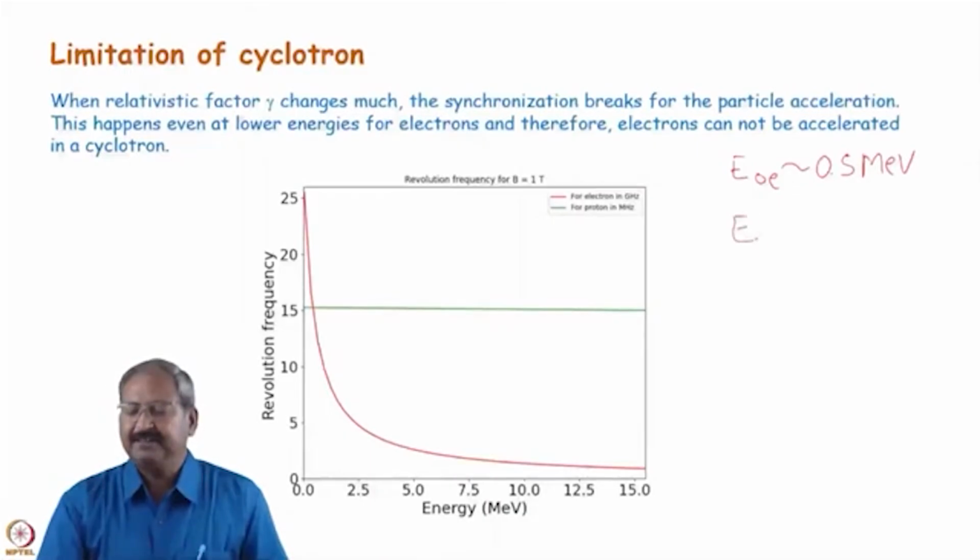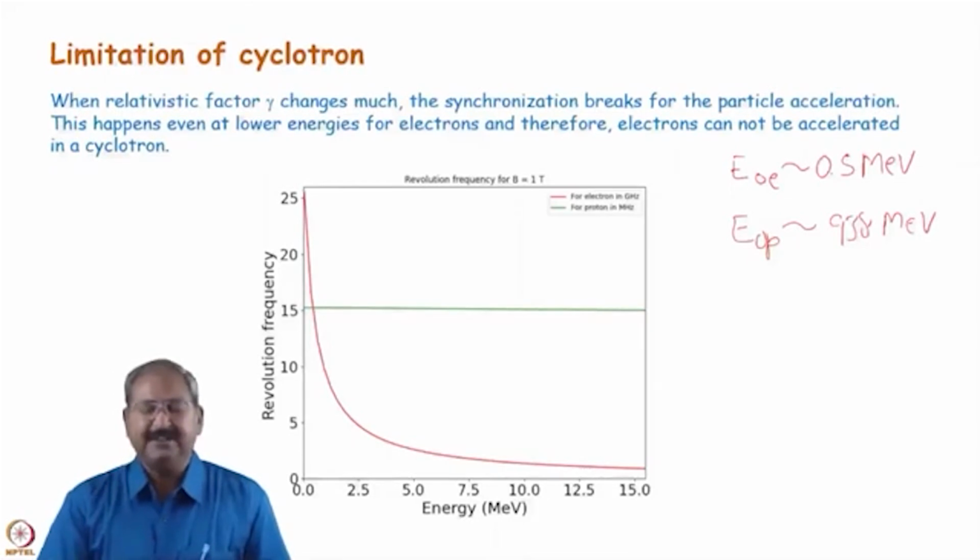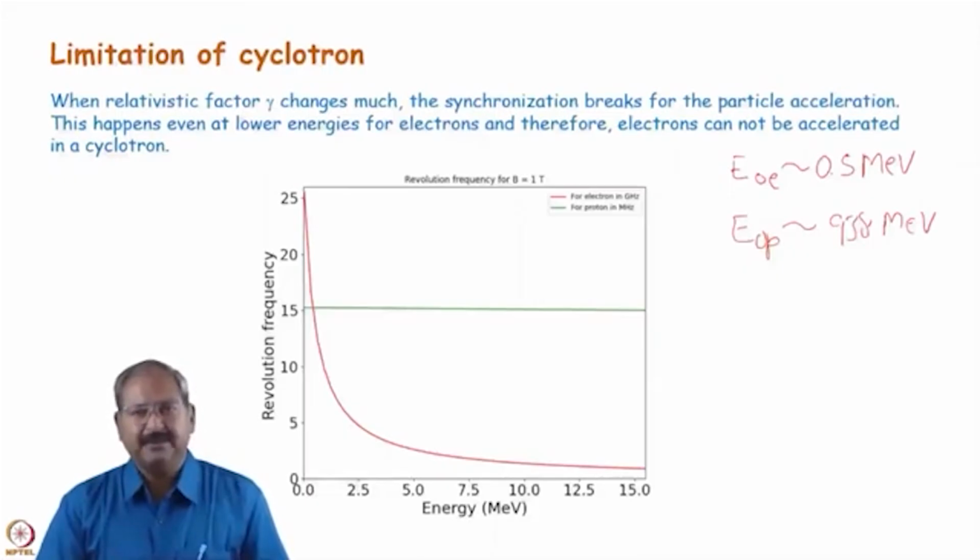In the case of proton, rest energy is 938 MeV, means it is near to 1 GeV. So up to 15 MeV or 100 MeV, the particle's kinetic energy is much less than the rest energy. So gamma doesn't change in the case of proton in the lower energy region, while for electron it changes rapidly.